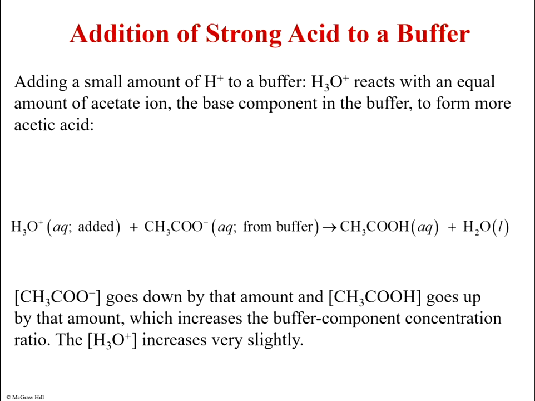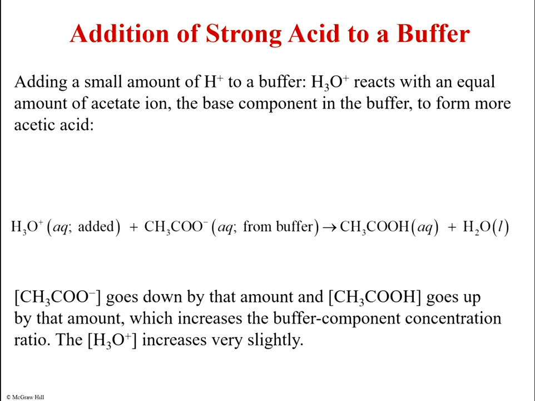Now let's see what happens when we add a strong acid to a buffer. So we know that adding strong acids to buffers, a buffer suppresses the change in pH relative to what pure water would do. So if we add a small amount of acid to a buffer, the hydronium ion reacts with an equal amount of the acetate ion, the base component of our buffer, and then it forms more acetic acid.